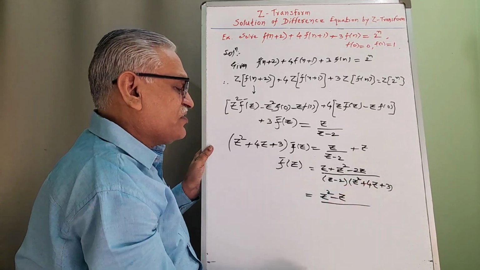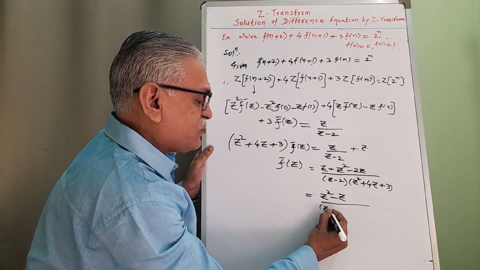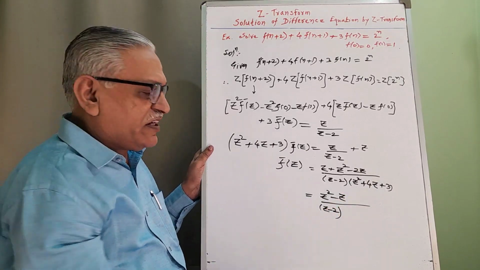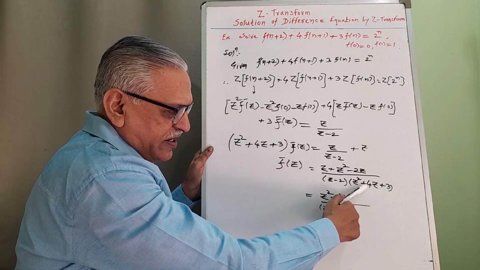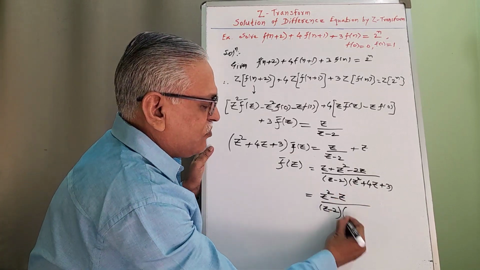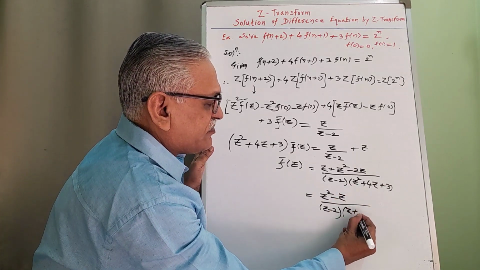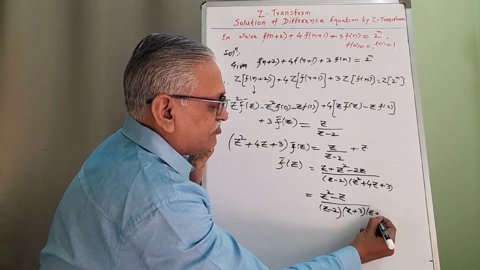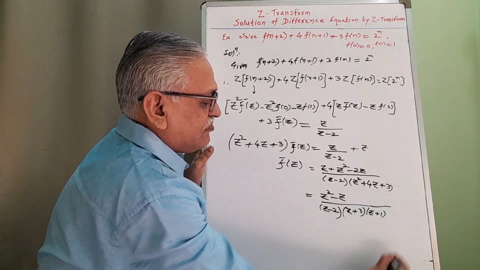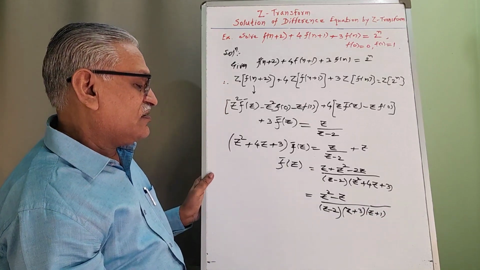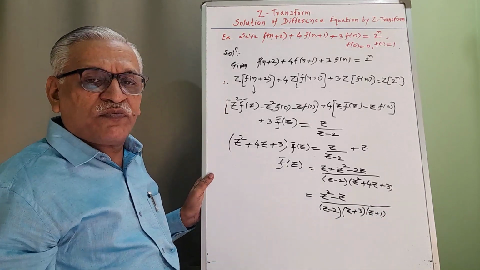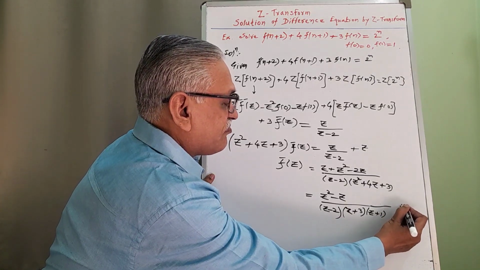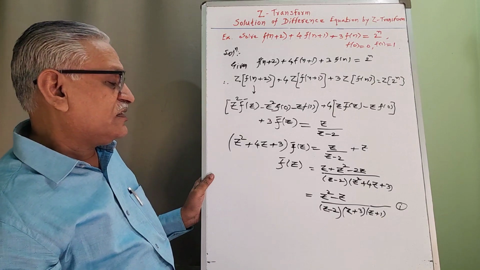The factors of this: the first term z minus 2 as it is, no change. Factors of 3 are 1 and 3, so that the product is 3 and the sum is 4, and therefore it is z plus 3 and z plus 1, as f bar(z). We call this equation number 1.